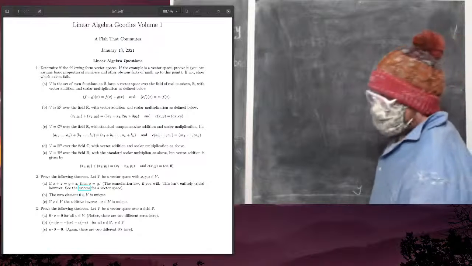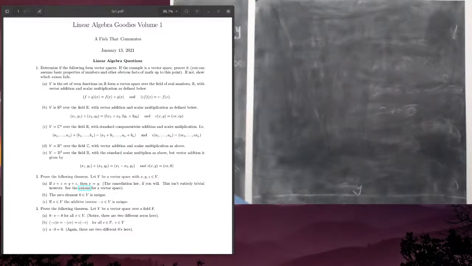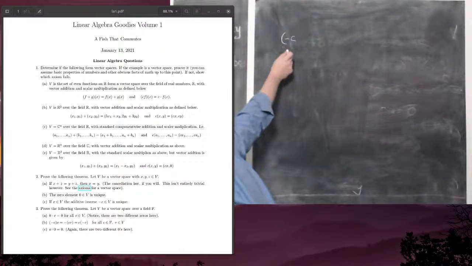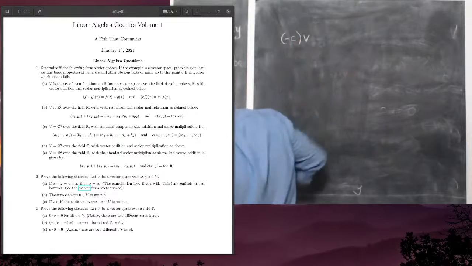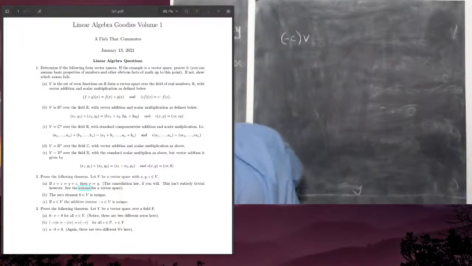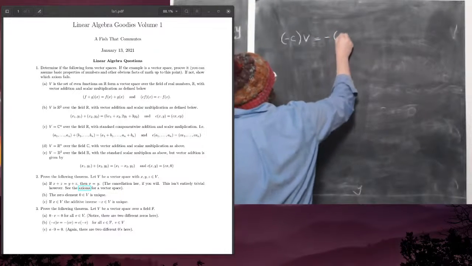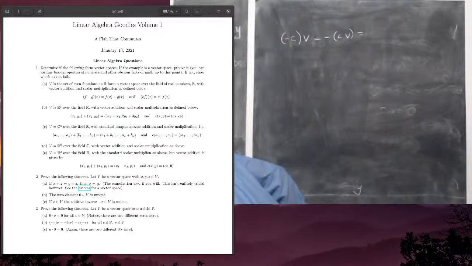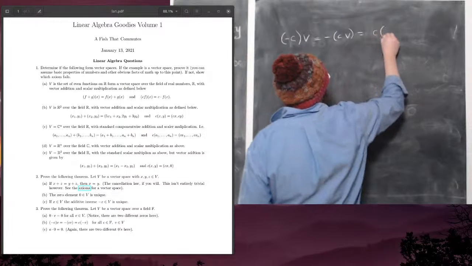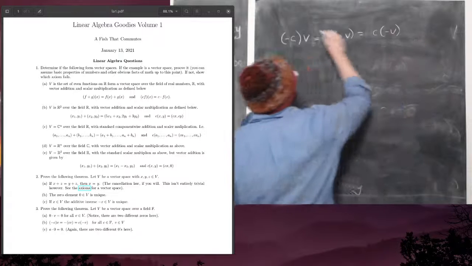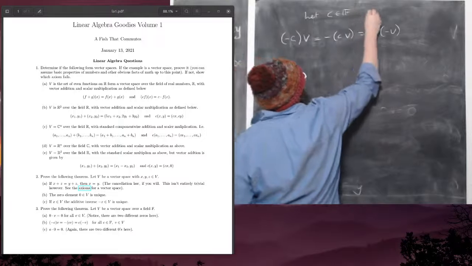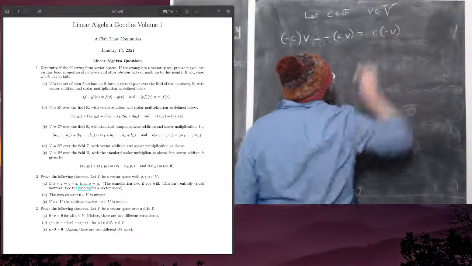Right. So part B is actually a little more interesting. We want to show that minus C, make sure you get the order right here, times V equals minus CV equals C times minus V. We'll let C be in the field and V be in the vector space.